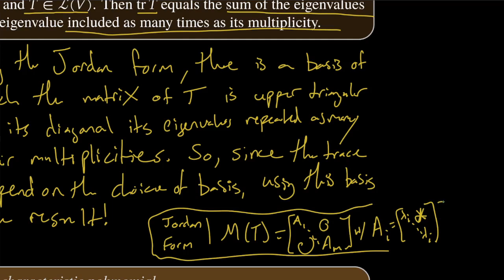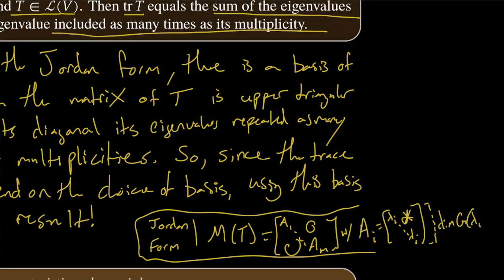And this right here is dim G(lambda_i, T), the dimension of the generalized eigenspace for lambda_i of T. That's the size of this little block right there. Okay, cool. And lambda 1 through lambda m are the distinct eigenvalues, right?